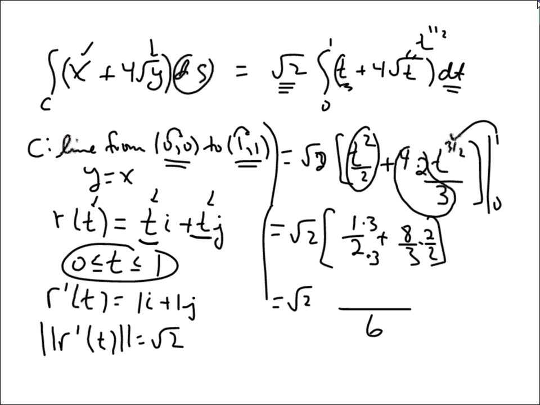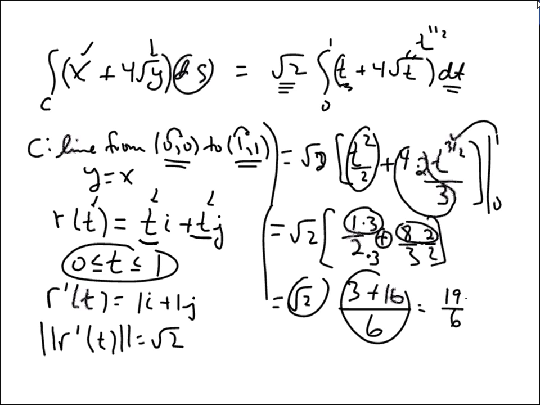That's 2 over 2. And you get 3 over 6 plus 16 over 6, which is 19 over 6 times the square root of 2. Erase this.